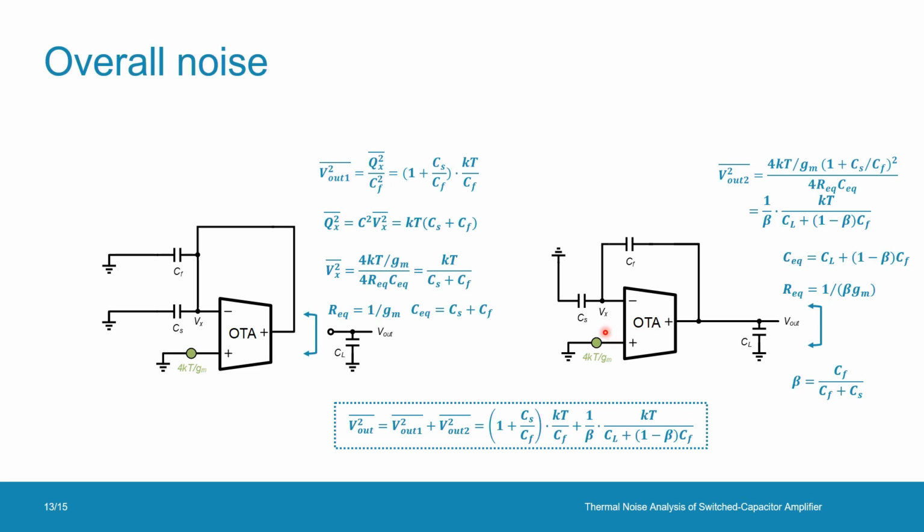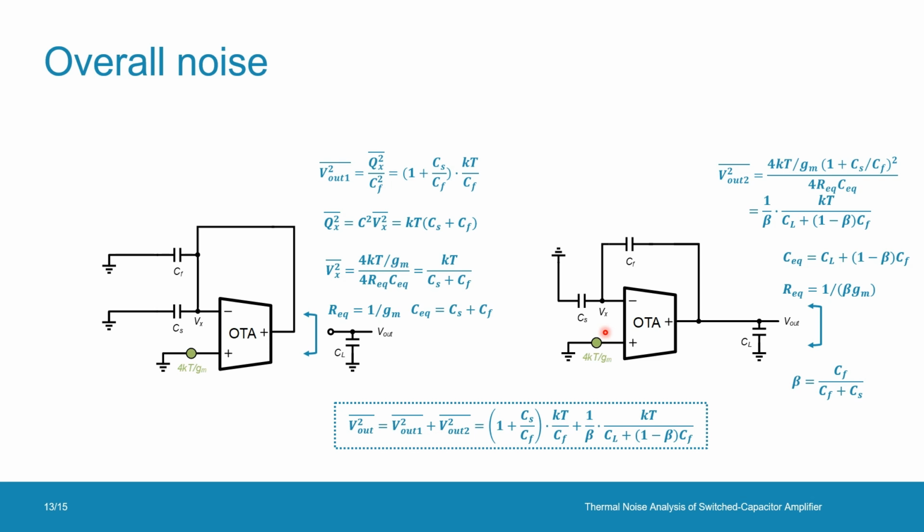Now, if you do similar analysis for OTA offset voltage and flicker noise, you will find that they are cancelled at the outputs because offset and flicker noise are kind of correlated between the two phases.